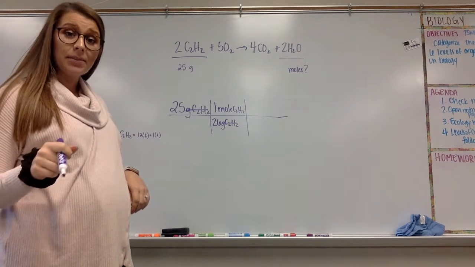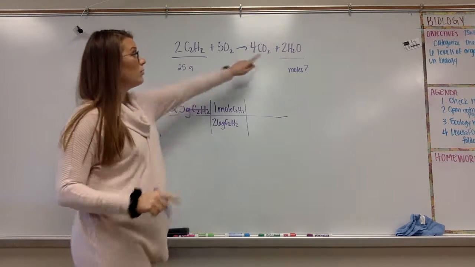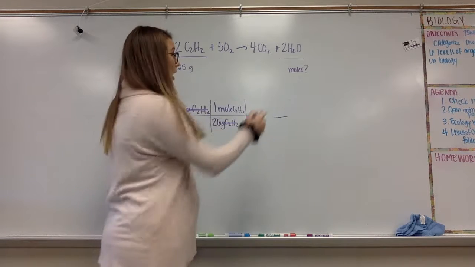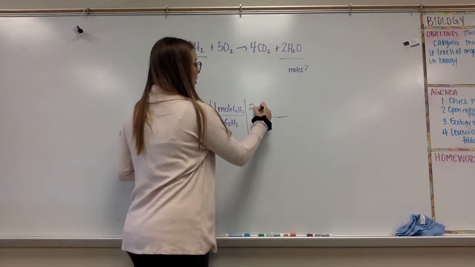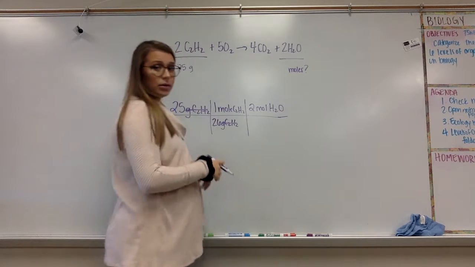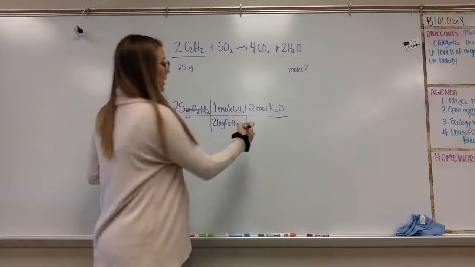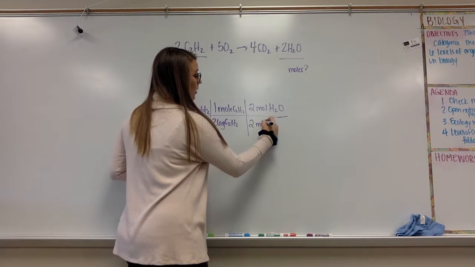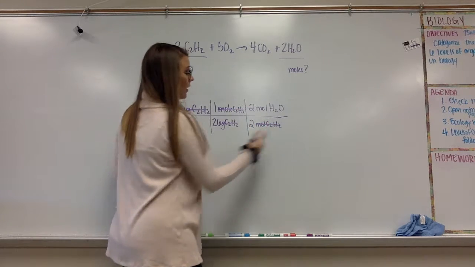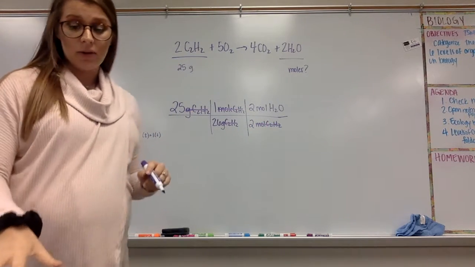Okay, so grams here cancels, and that's my molar mass step. And then my next step is going to be mole ratio. Now, since I'm trying to get to moles of water, my moles of water is going to go on top here. So this 2 moles of water is going to go on top because I need to cancel out this 2 moles of C2H2, which goes on bottom. So again, you need to make sure that whatever the question asks for is what you're left with.